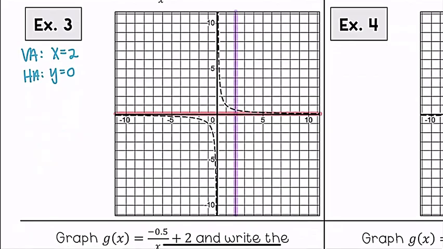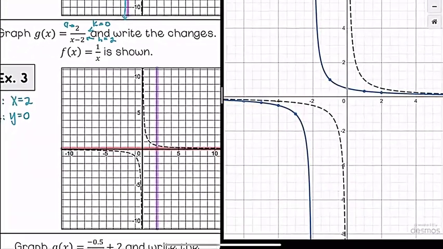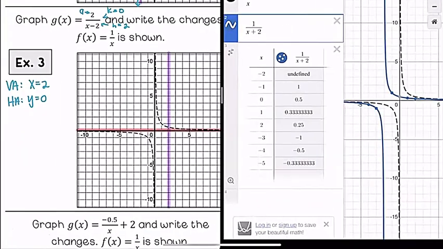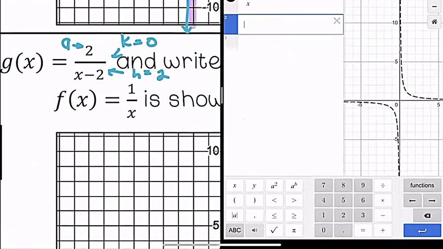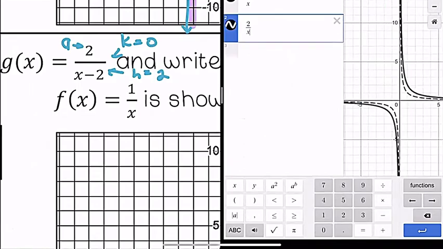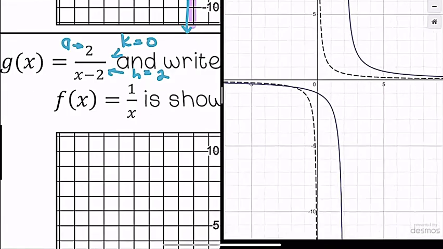Good. Now remember, I'm going to graph in my calculator. I'm going to keep the 1 over x there just because that's what I'm going to compare to every time. My new function is 2 over x minus 2. And it gave me a black one. I'm going to change the color just so it's a little easier to see. So here's our new graph.